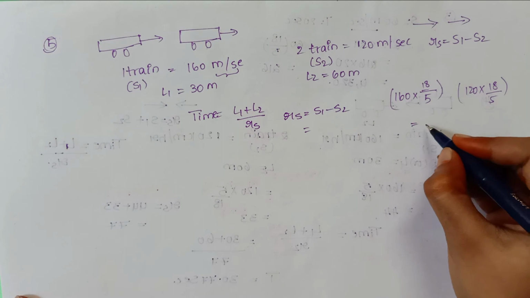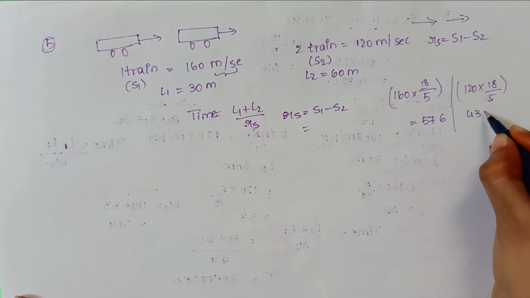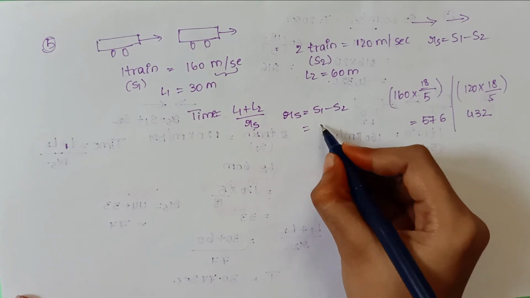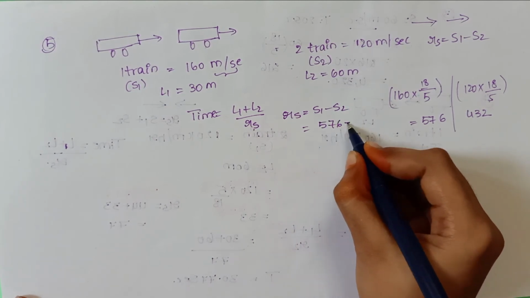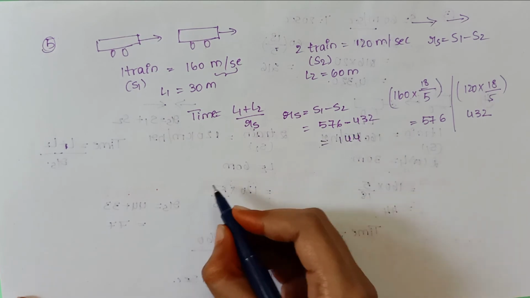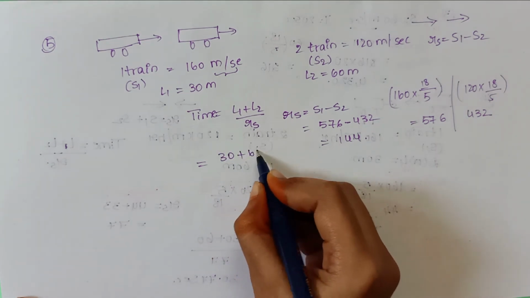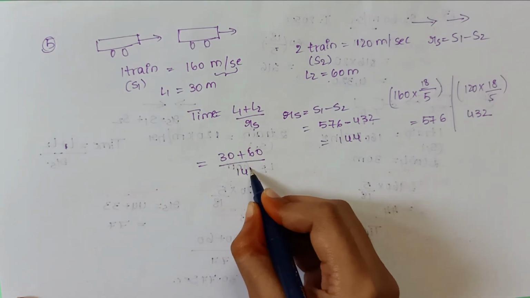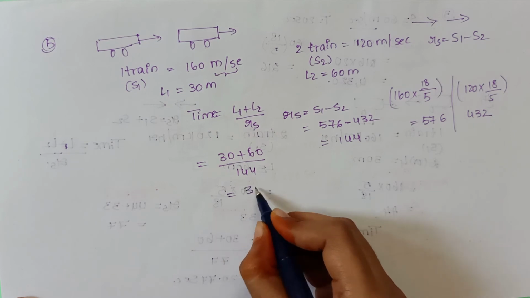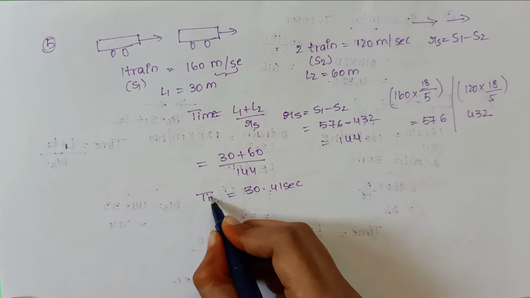If we calculate, we'll get 576 and 432. Now we want to do minus. 576 minus 432 is equals to 144. Now L1 plus L2 means 30 plus 60 by 144. If we calculate, we'll get 30.41 seconds.